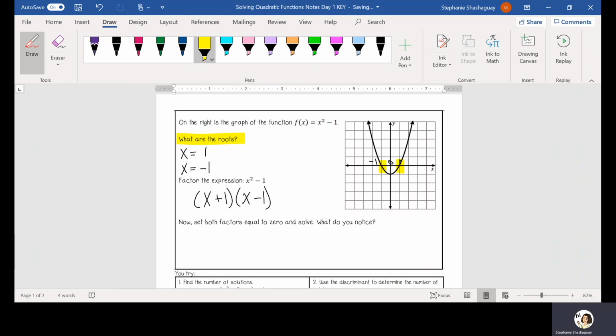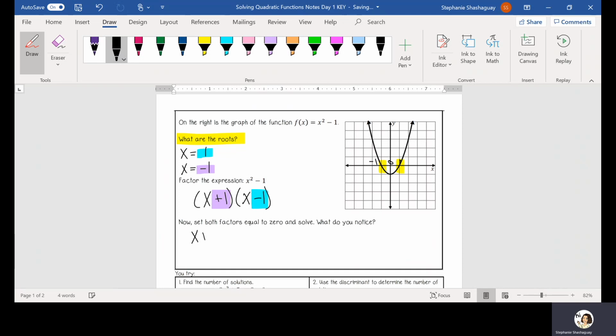What I want you to notice here is that we have a positive 1 here and a negative 1 here. Well, if x is equal to negative 1, if we factor that out, then it's going to look like that, x plus 1. And then the x negative 1 is this right here. It says now set both factors equal to 0 and solve. What do you notice?